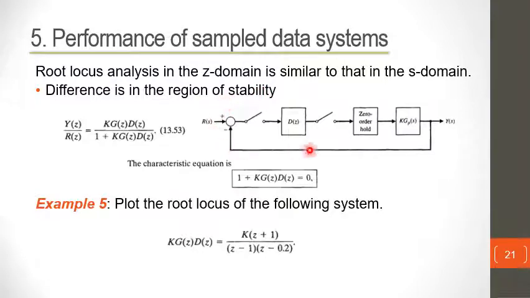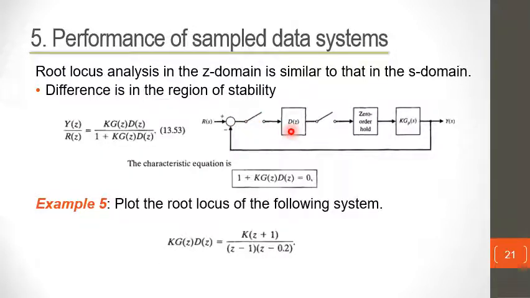So assuming you have something like this, you have a compensator here, which is your digital computer. You have your digital computer in the loop, and this digital computer is talking through a sampler and a zero order hold system to your plant, and then it's getting error feedback at some point.